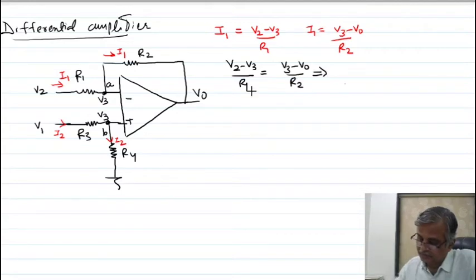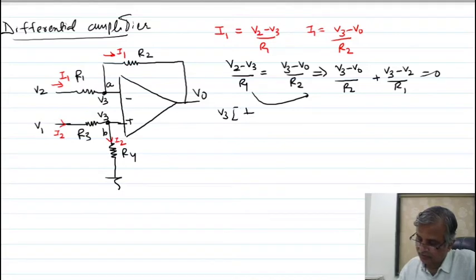So I can write the same thing on this side. (V3 minus VO) by R2 plus (V3 minus V2) by R1 is equal to 0. So I have taken V3 common: V3 (1 upon R1 plus 1 upon R2) minus V2 by R1 is equal to VO by R2.